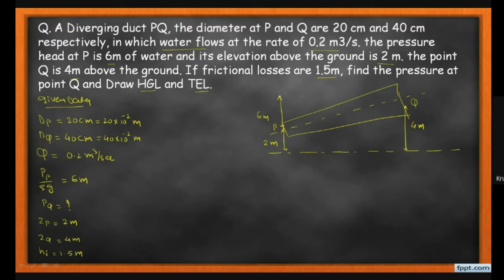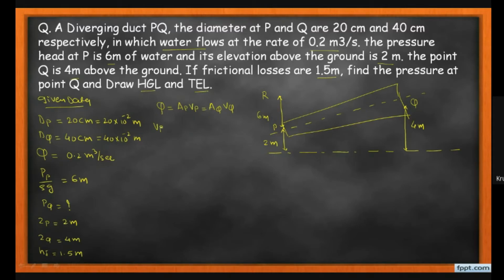Let this point be our R point, and now we need to calculate the pressure at the point Q. First of all, by the continuity equation, the discharge at P section and Q section are equal, so Ap into Vp equals Aq into Vq. Using this, we can find the velocity at point P and at Q.